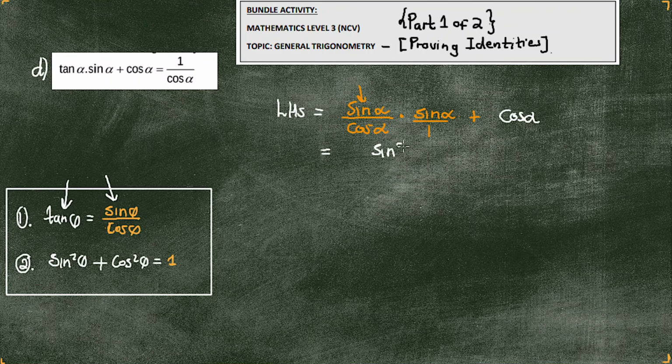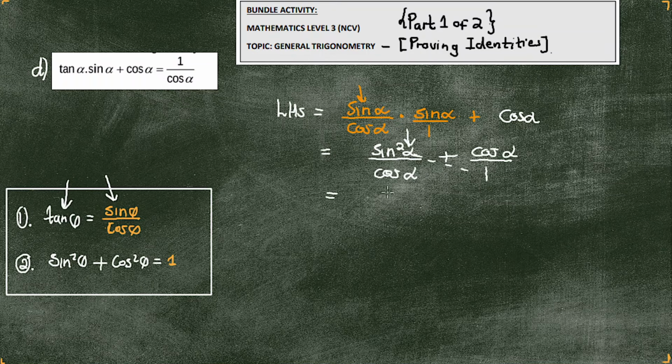We multiply sine times sine, that's sine squared alpha over cos alpha plus cos alpha. Again I have a fraction adding to a term. So what do I do? I change this to a fraction.